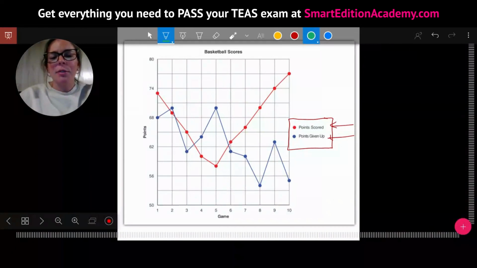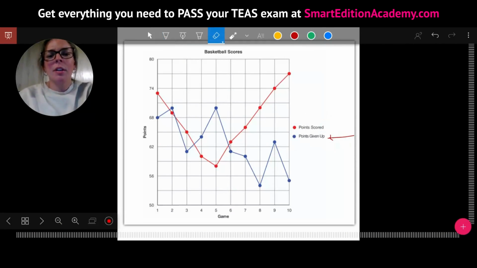Let's just use green for now so it's not confusing. Okay. Again, the question is, how many games did they win? Well, the points scored needs to be higher than the points given up. So if I'm looking at game 1, points scored is more than points given up. So they won this game.